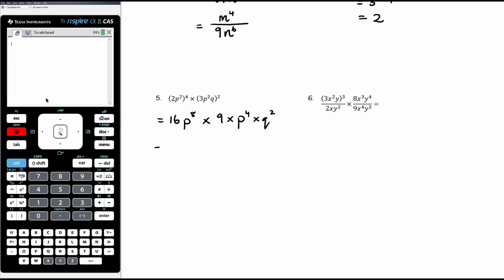Okay, now we can focus on multiplying. Everything is multiplication, so remember this is 16 times p to the 8 here as well. So we can do the multiplication in any order we want. Let's multiply the number parts together. Let's multiply the p parts together. Okay, so 16 times 9. Well, you could do this a couple of different ways. You could do 10 times 9 plus 6 times 9, or you could do 16 times 10 is 160 and then take away 9.